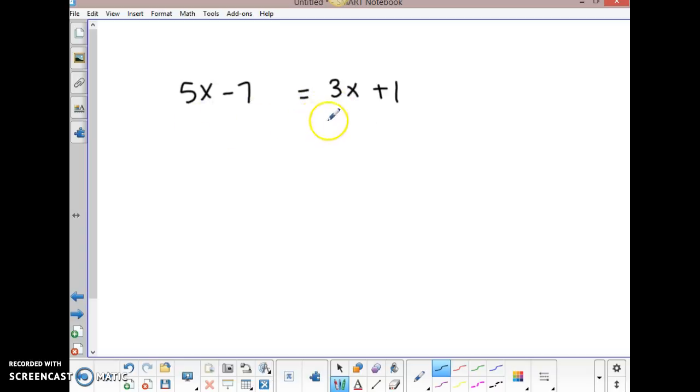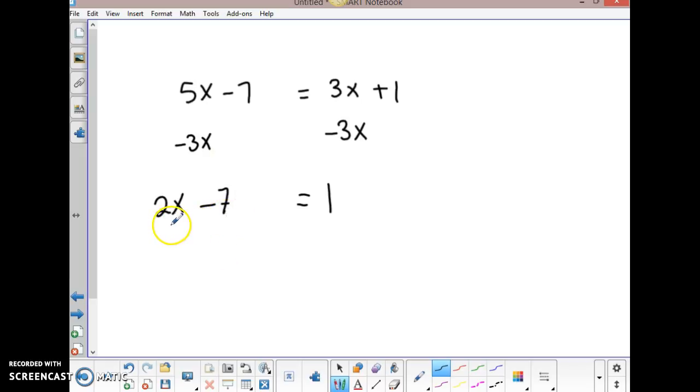What I would do is try to put the x's next to each other by subtracting 3x from both sides, and remember you have to always do the same operation to both sides, same quantity, same operation. When we do that, notice that the 3x and the negative 3x are going to cancel, and this side will only have 1. And on this side we have 5x minus 3x, well that's 2x, and the 7 comes down.